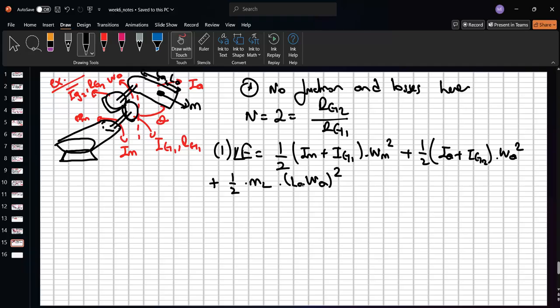Okay. So the Ig1, Ig2 can be built with the same formula as the previous example, because these are circular shapes, right?